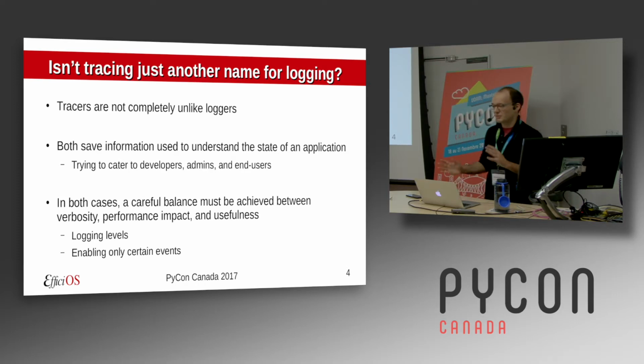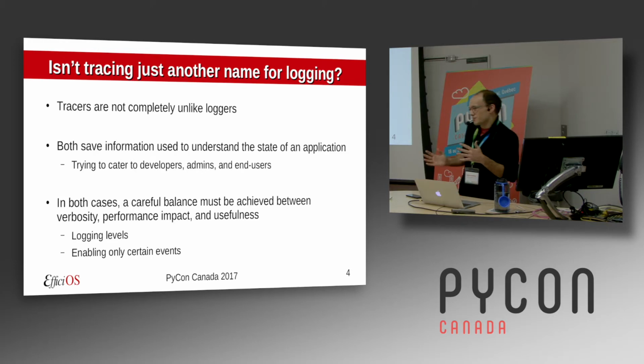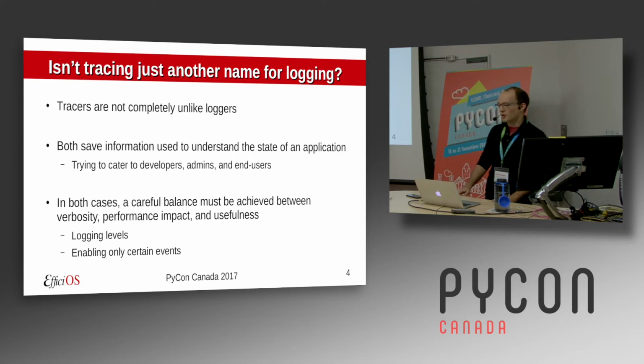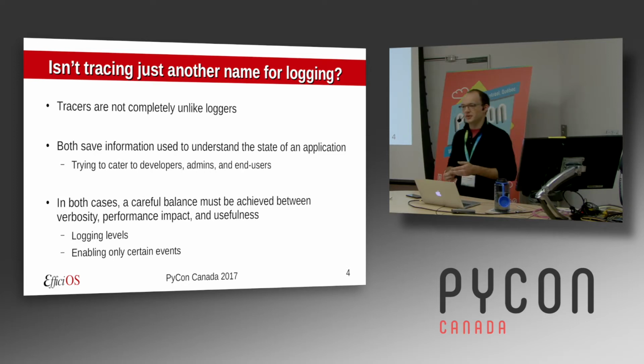But while they both try to cater to developers, admins, and users, tracers are skewed towards the developers and the admins, since we save low-level events most of the time. In both cases, most of the work is spent in trying to find a careful balance between being too verbose, affecting the performance of the application, and then producing logs that are not really useful.